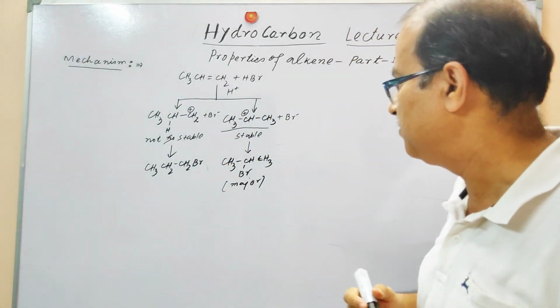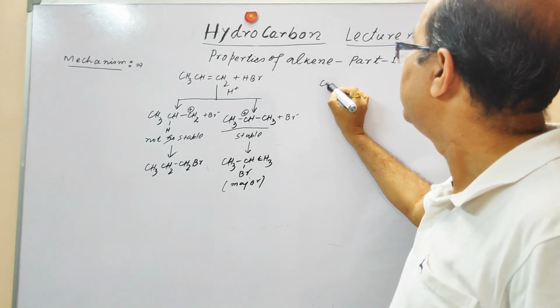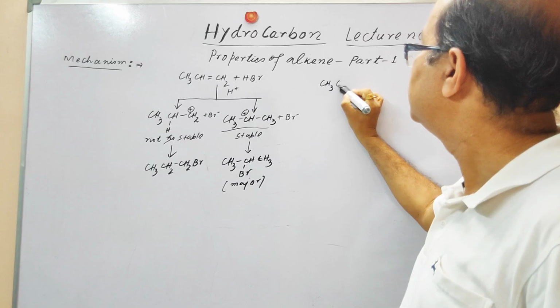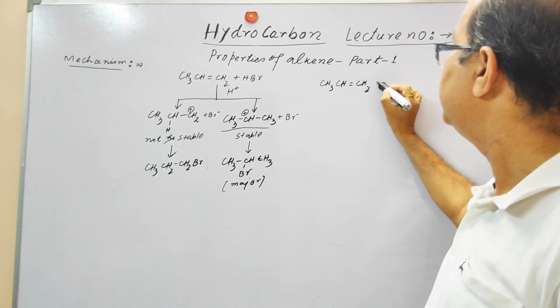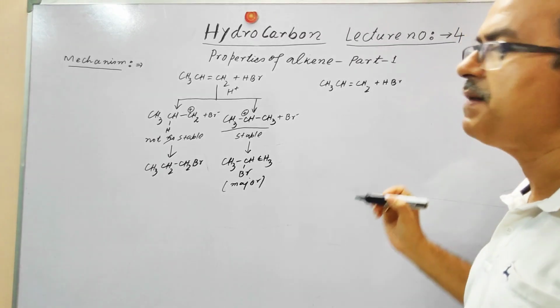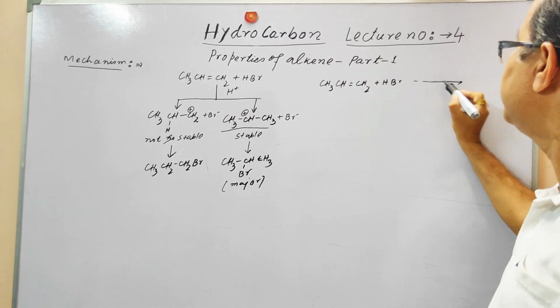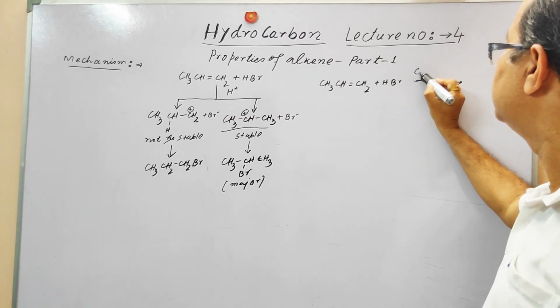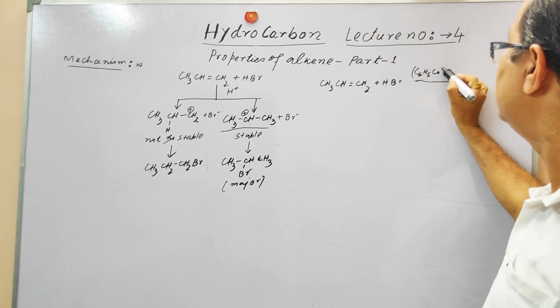Now this reaction, that is the addition reaction of HBr, when it proceeds in the presence of peroxide. Suppose we are taking benzoyl peroxide, C6H5CO2O2.